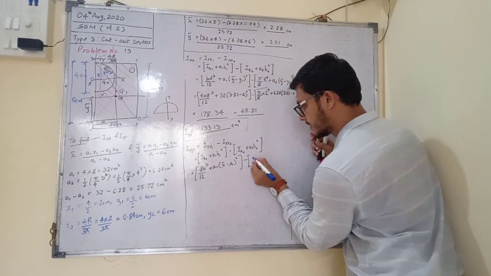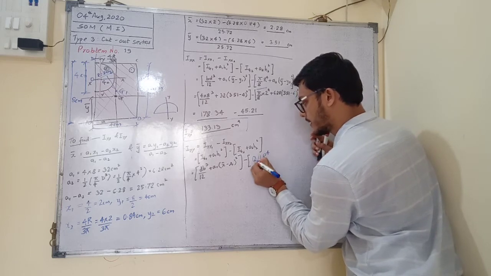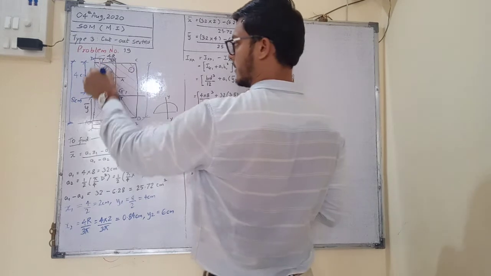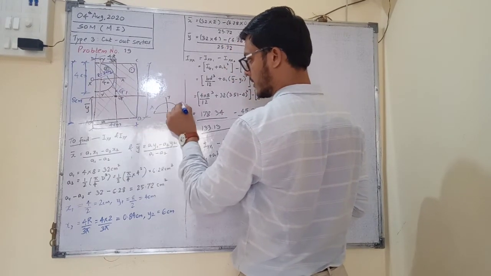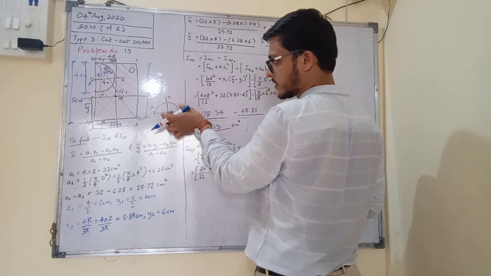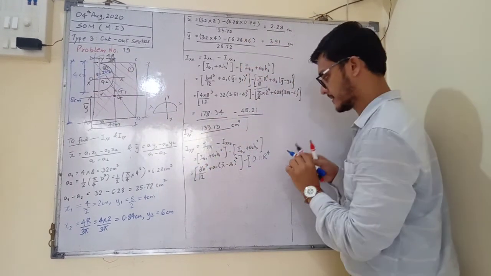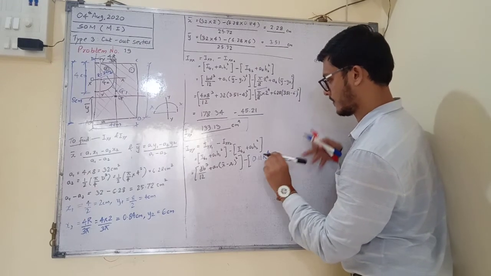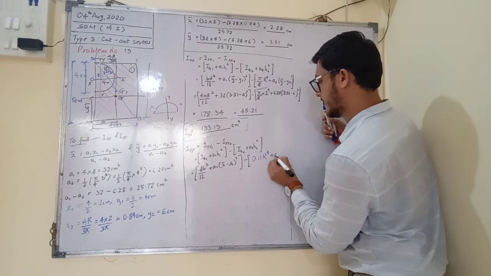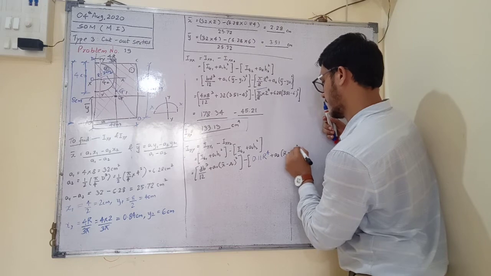The reason is that in the normal case, moment of inertia along x-axis is 0.11 r raised to 4, but this figure has been rotated, so now the x-axis has become the y-axis. So 0.11 r raised to 4, plus a2 as it is. h2 will be x bar minus x2 the whole square.